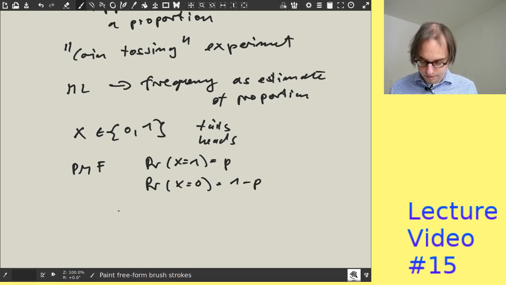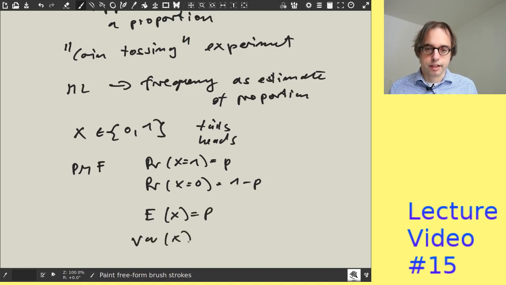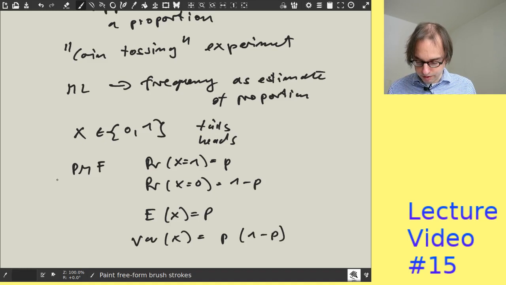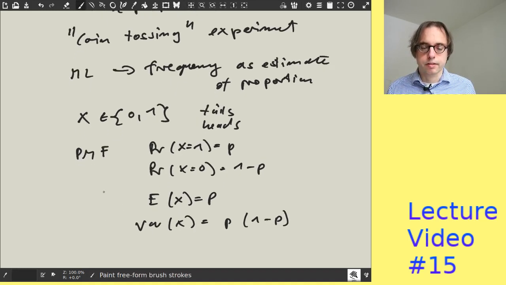So the mean of x is p, the variance of x is p(1 minus p). That's the PMF of this random variable. So that's Bernoulli.